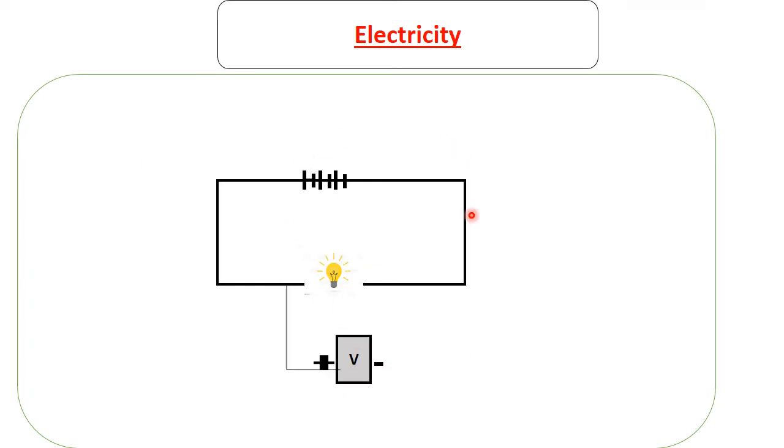So let's say you have got this circuit. You want to measure the voltage drop here or the potential difference here. What you do is you get your voltmeter. It has got two terminals, positive and negative. So you connect one wire from the positive of the battery here. So this is the positive side.